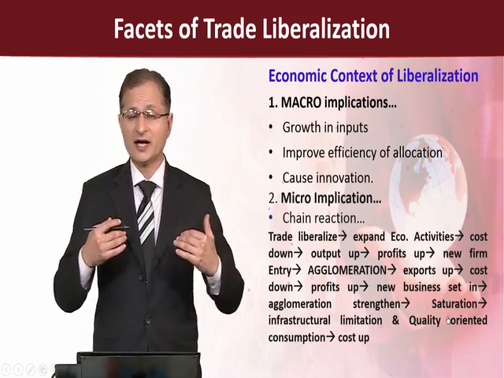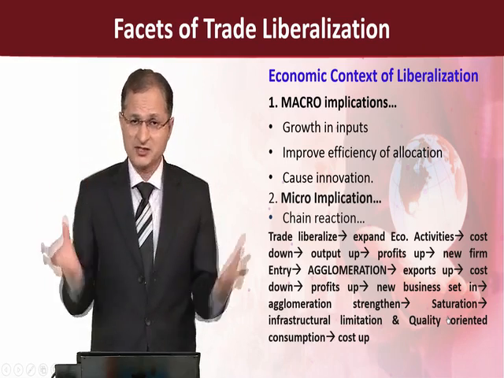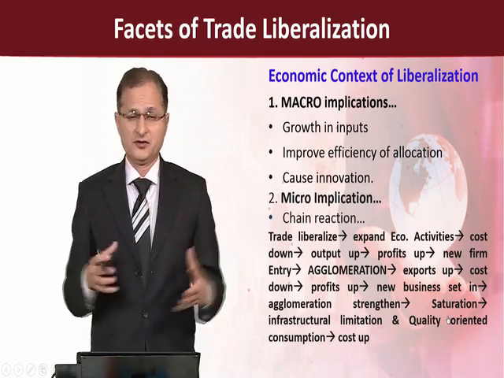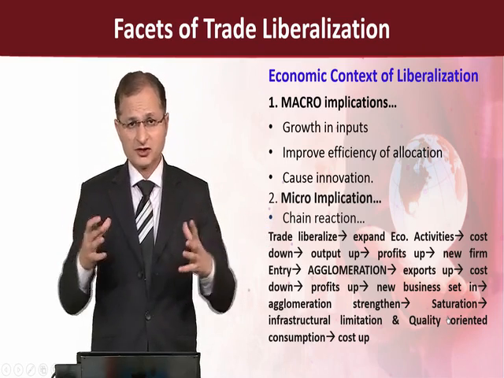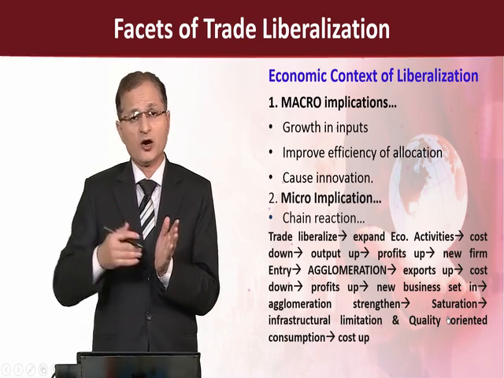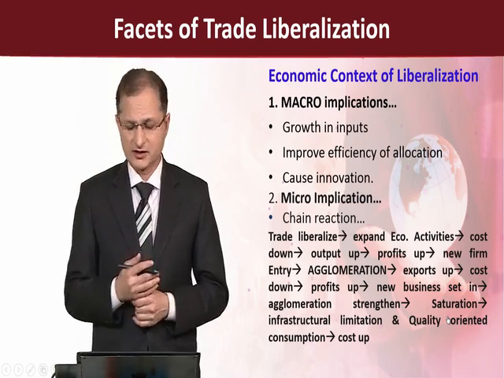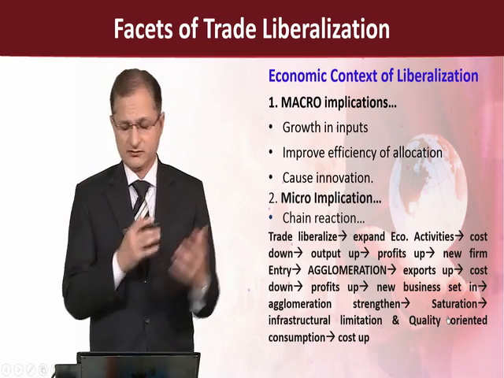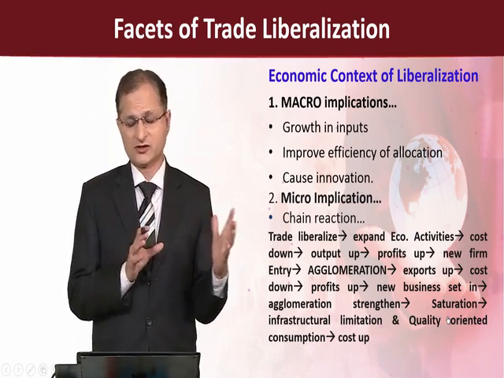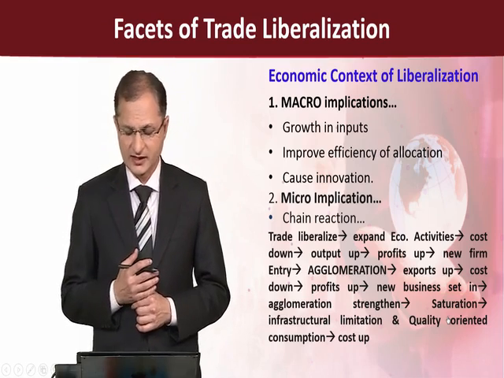And with the entry of new firms, they are going to establish agglomeration within the countries. So agglomeration of firms jointly generates a high level of surpluses, which allows these countries to export more goods and services to other countries, specifically goods and less on services, even though educational agglomeration may cause more services as well.